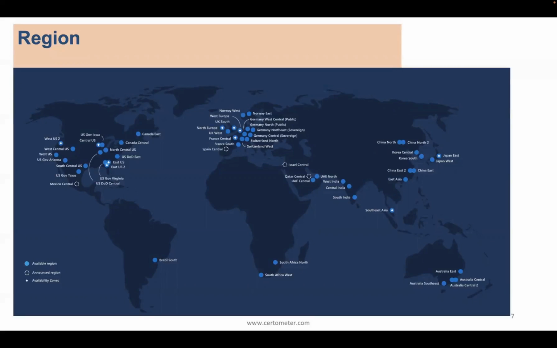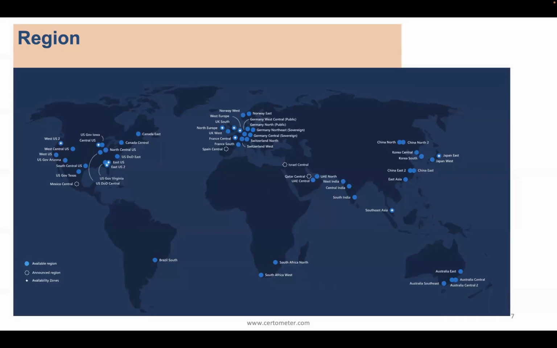As you can see, Azure provides general availability in 52 regions around the world. As you can see in the screenshot, there are 52 regions spread across the world, and this also includes 6 additional regions which Azure provides.